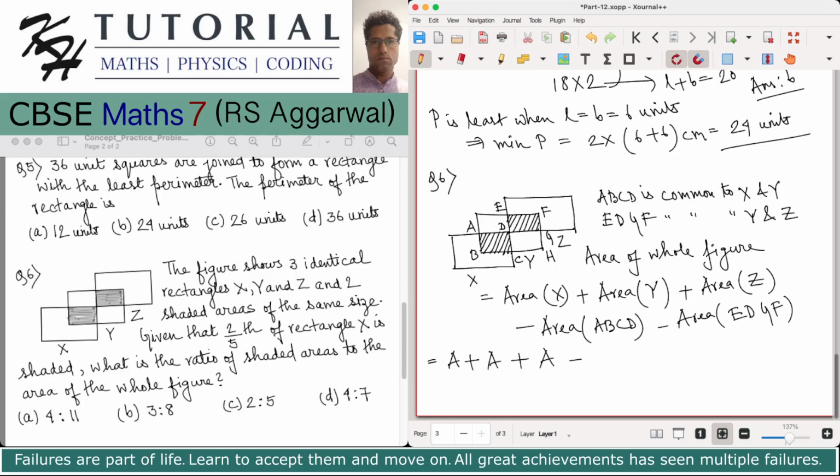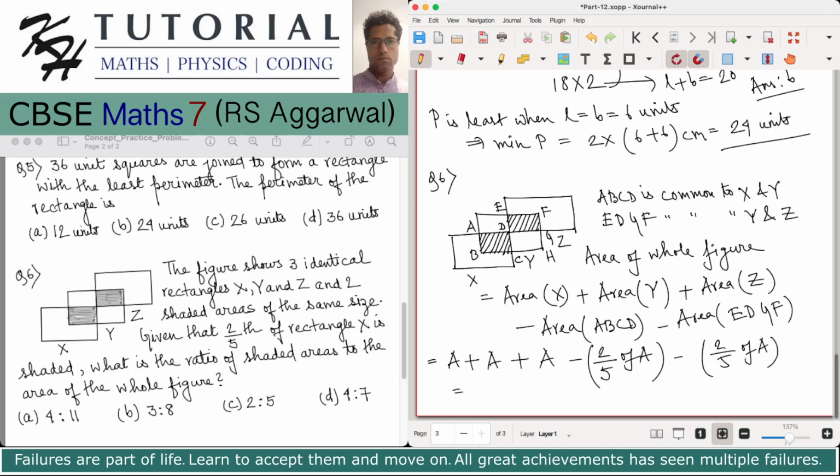So ABCD is the shaded area region of the rectangle X. So the area of the shaded region ABCD will be 2/5 of A, where A is the area of the rectangle X or Y or Z, and also the area of the other shaded region will also be the same. So we have 2/5 of A.